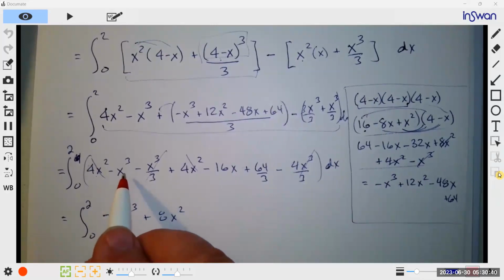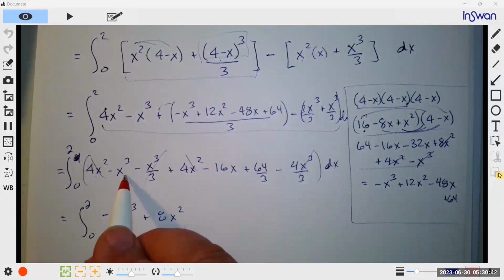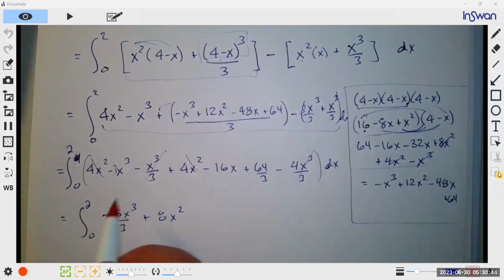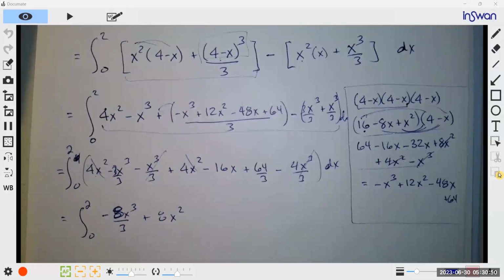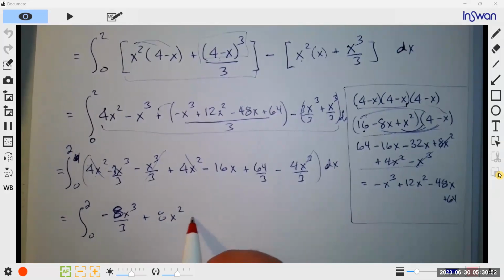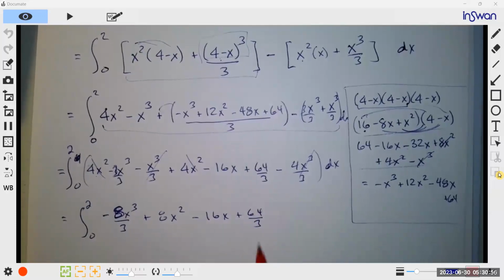Minus x squared, which is 3 over 3, makes it -8x cubed. Minus 16x plus 64 over 3.